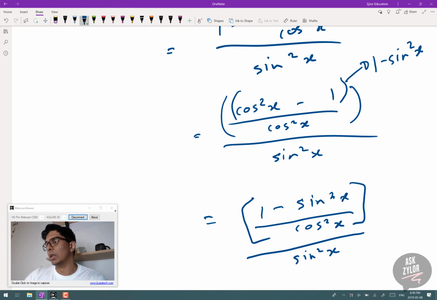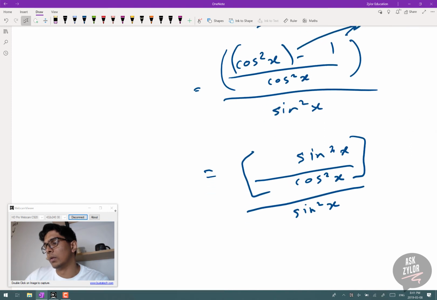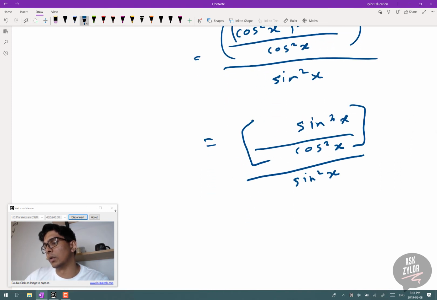Okay, the one thing, sorry, this should not be here, because when I do cos squared x, I'm only getting rid of the cos squared x, right? So when I introduce this 1 minus sine squared x, I have minus 1 plus 1, that evaluates to just 0. So now I have sine squared x over cos x over sine squared x.